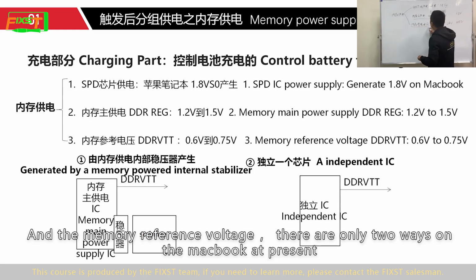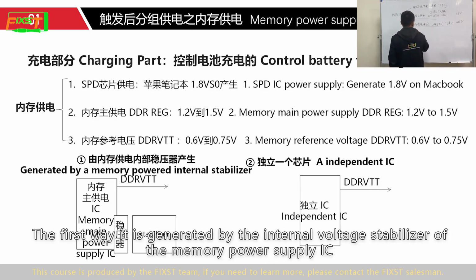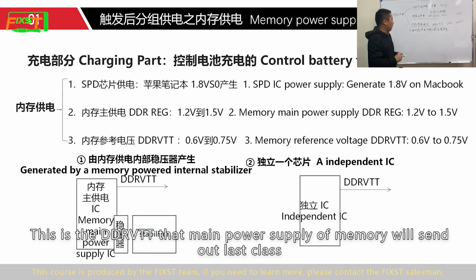And the memory reference voltage, there are only two ways on the MacBook at present. The first way, it is generated by the internal voltage stabilizer of the memory power supply IC. This is the DDRVTT, that main power supply of the memory we sent out last class.